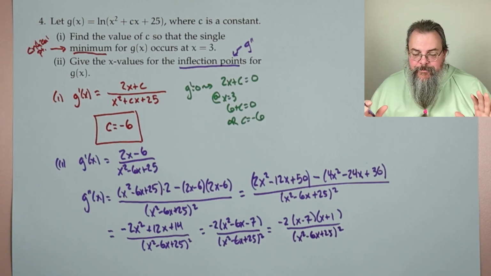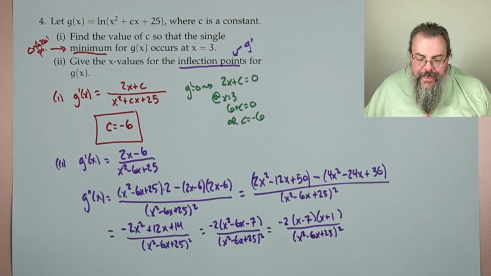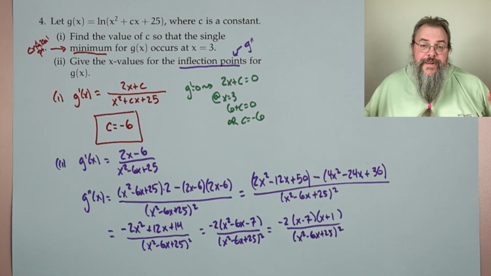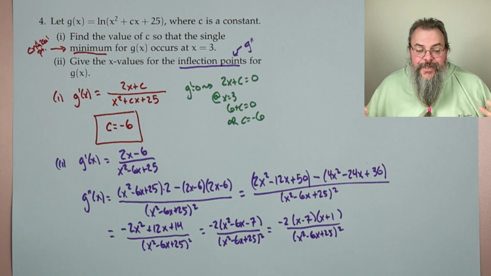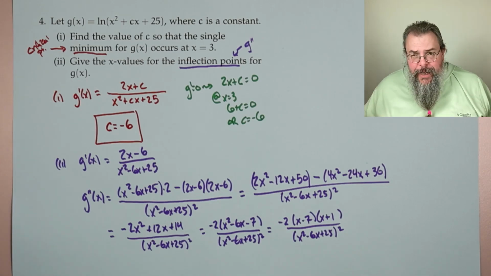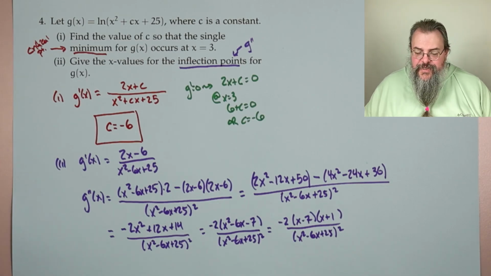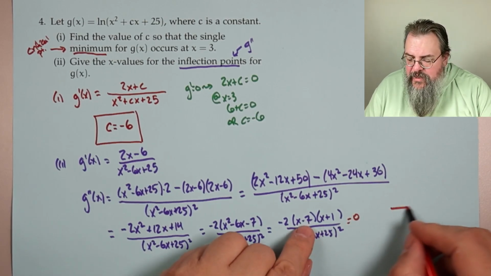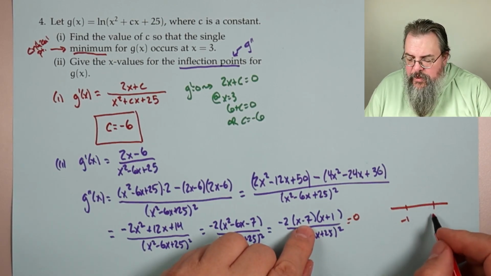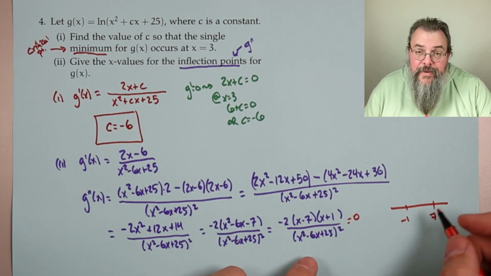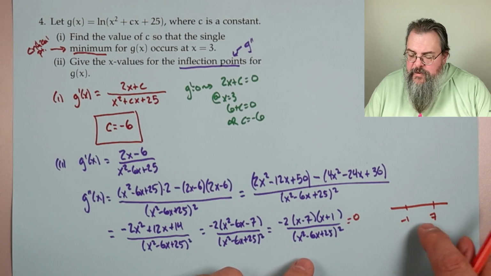Okay, now we're ready. We can write down the answer, because it doesn't tell us to justify inflection points, but we're going to be very careful here. We're going to check. The denominator, no problems. That's not going to cause zeros. So this equals 0 at two places, negative 1 and positive 7. Now, what happens between negative 1 and positive 7? You can plug in 0.